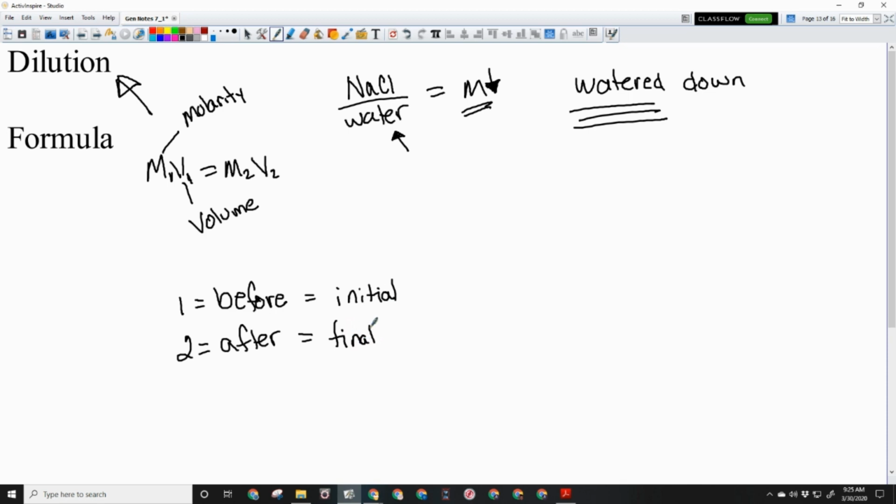So we have a situation where we have a before and after. Like the orange juice, we have that canned orange juice at a certain concentration. Okay, it's very concentrated. Then we add water to it. In the pitcher, we've added in water, and so now it's got a different concentration. So we have a before and after situation. So again, the formula for dilution is M1V1 is equal to M2V2.